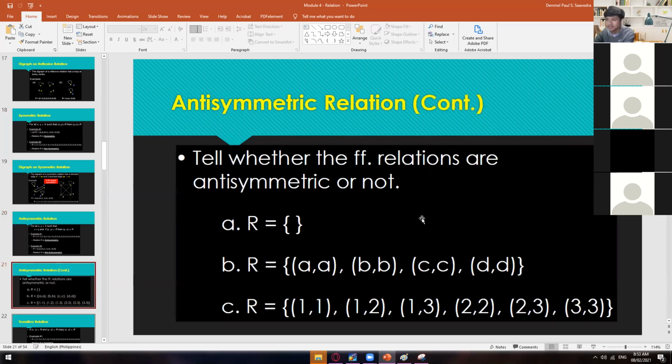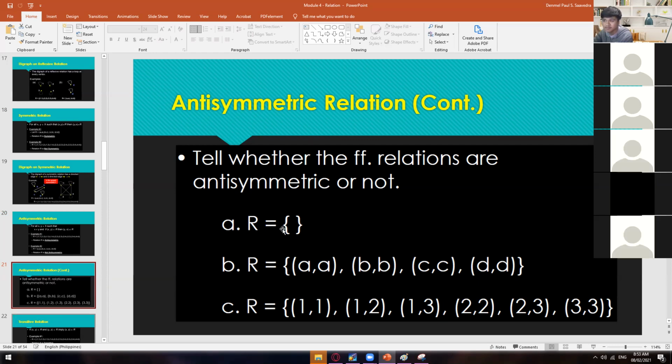All right. So here's the continuation of antisymmetric relation. Tell whether the following relations are antisymmetric or not. Letter A, is this antisymmetric or not? This one is antisymmetric because first of all, it doesn't have a relation to compare with.